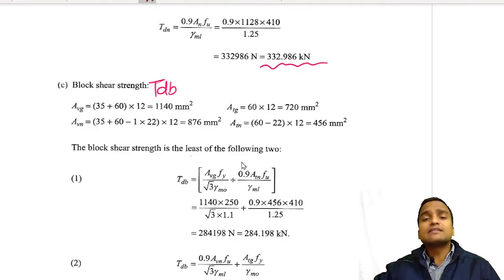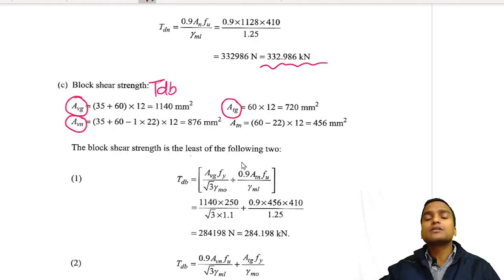The gross area in the shear plane is represented by Avg and the net area in the shear plane by Avn. Similarly, the gross area in the tension plane is represented by Atg and the net area in the tension plane by Atn.